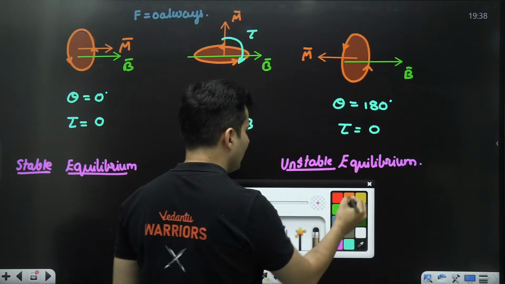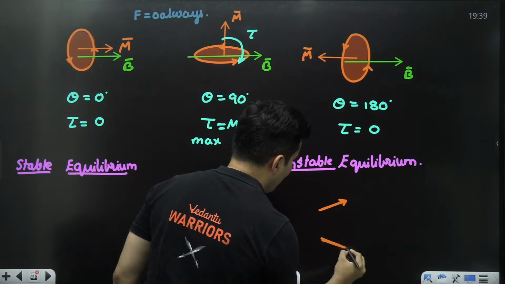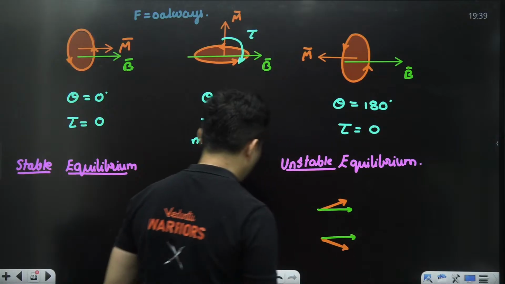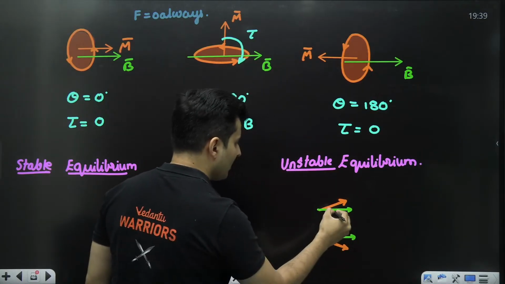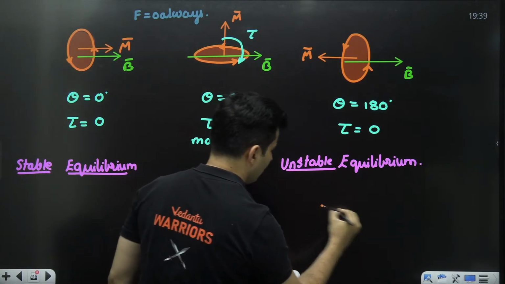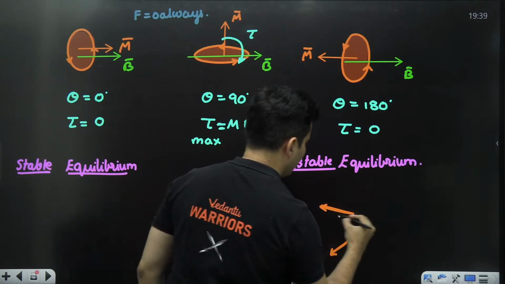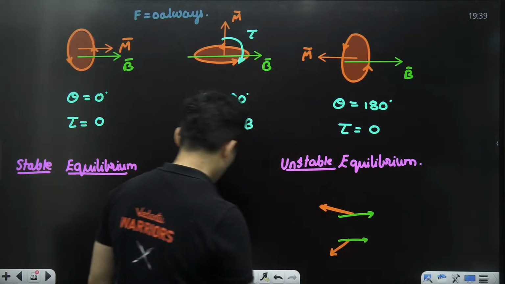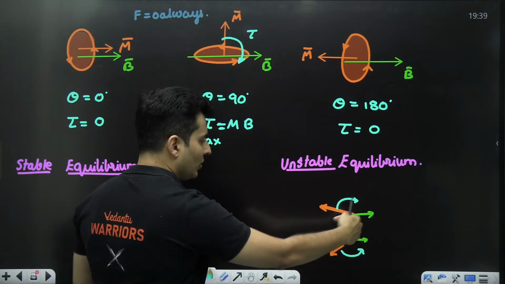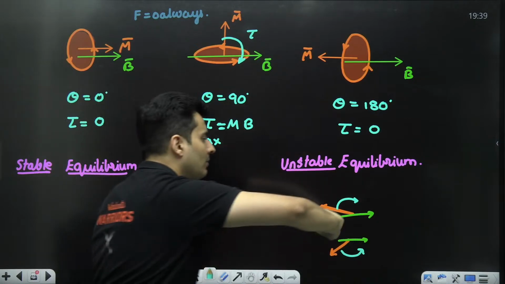The reason for its instability is if somebody disturbs the magnetic moment either here or here with respect to the magnetic field, the torque will try to bring it like this or like this. So earlier it was in equilibrium, you slightly rotate it, the torque will immediately flip it over here.